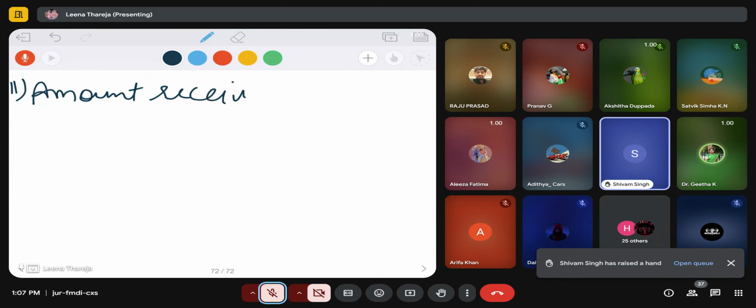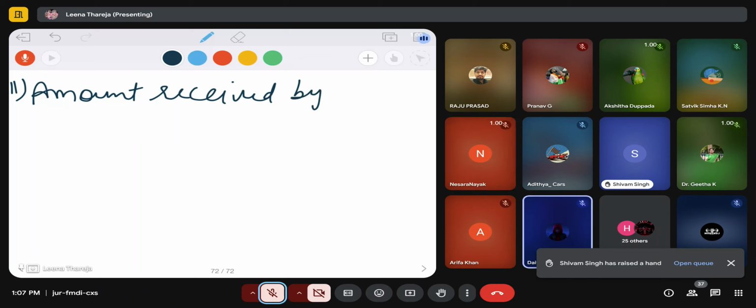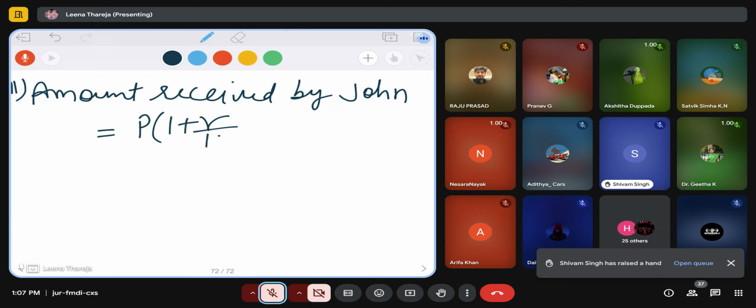John. Amount received by John. But when you calculate for Smith, that also I am going to write, since they are receiving the same amount, the answer remains the same. So P into 1 plus R by 100 raised to power n. What is the principal for John? 20,000. What is the rate of interest?